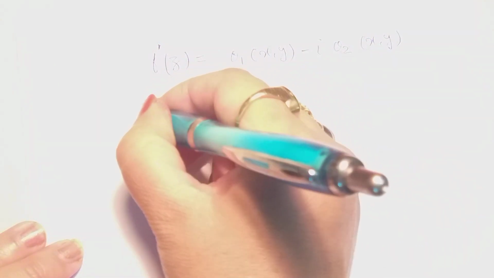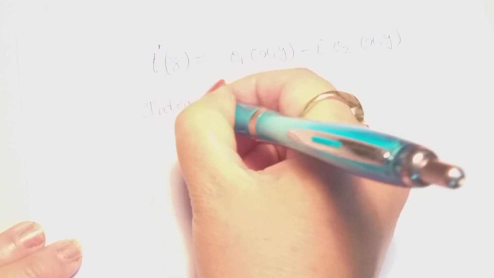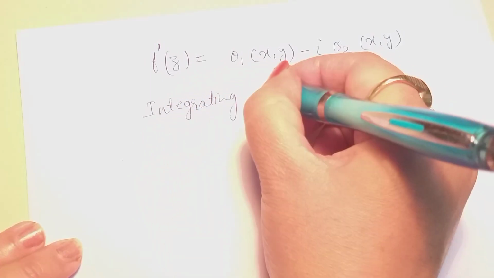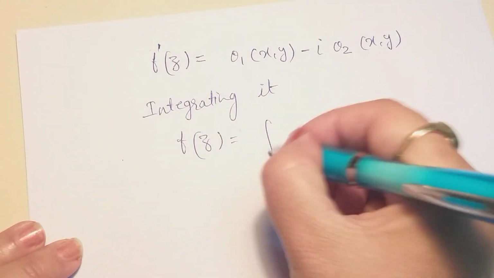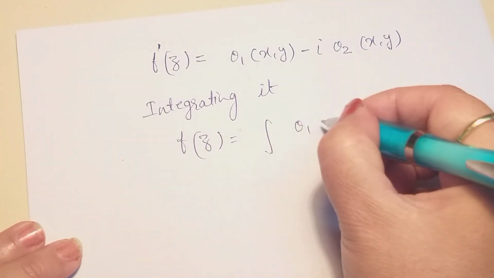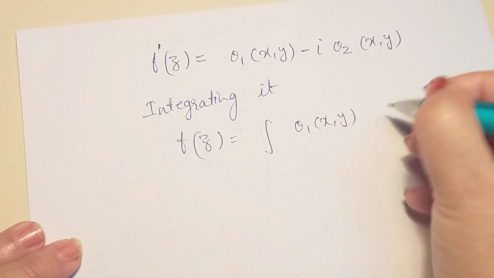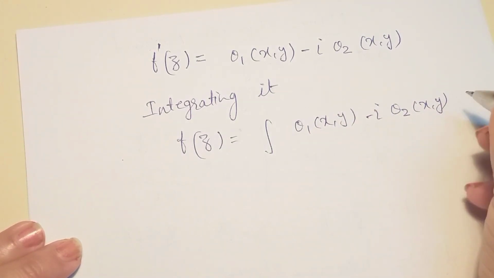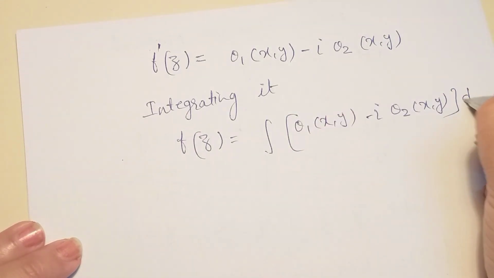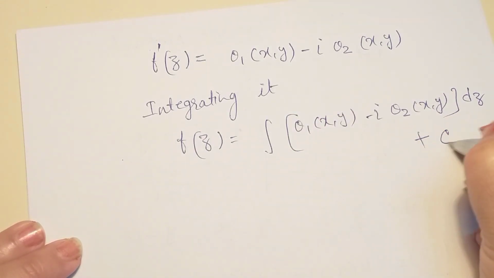So, integrating it, we'll get the function f(z). So, integration of theta 1(x, y) minus iota theta 2(x, y) dz plus c.